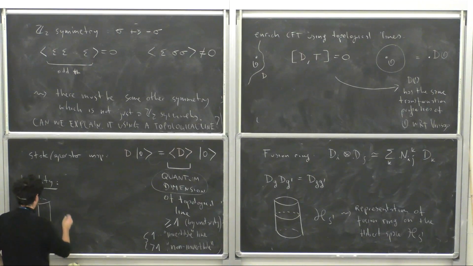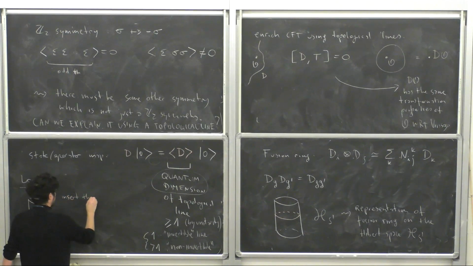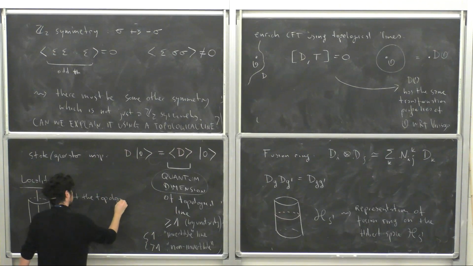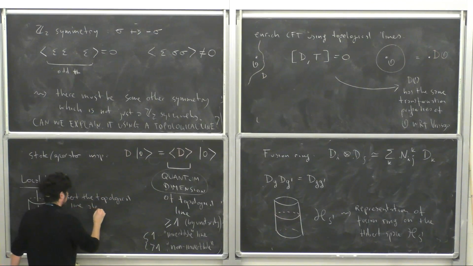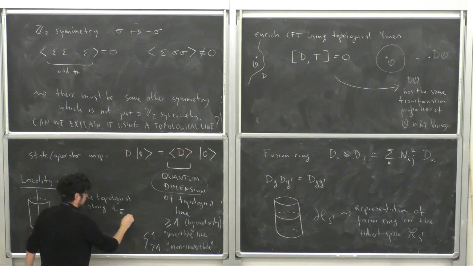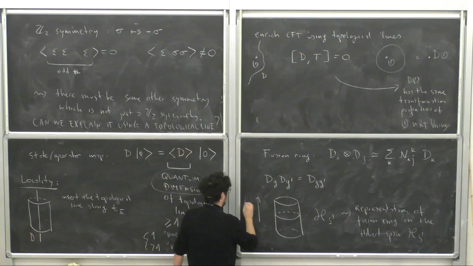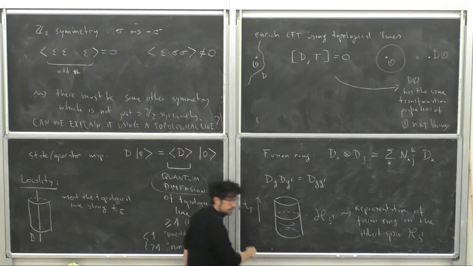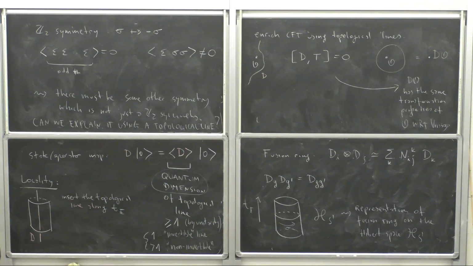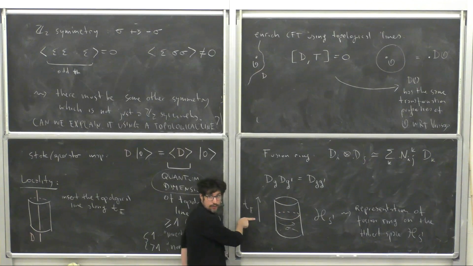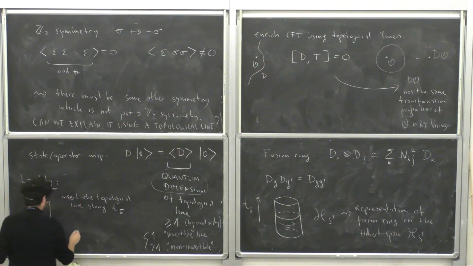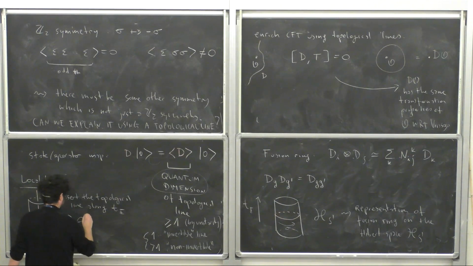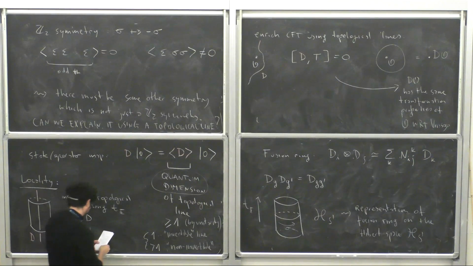We can insert the topological line along the Euclidean time in our cylinder. Remember, this is our Euclidean time, and sigma was the coordinate that was rotating it. So we can extend it along time. If we extend it along time, when we perform the quantization, the radial quantization, we obtain a different Hilbert space. This is called the twisted Hilbert space.